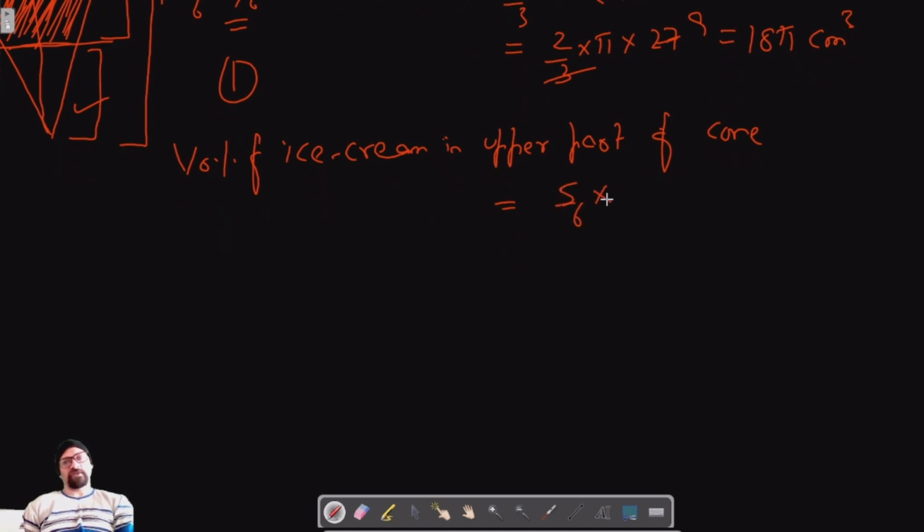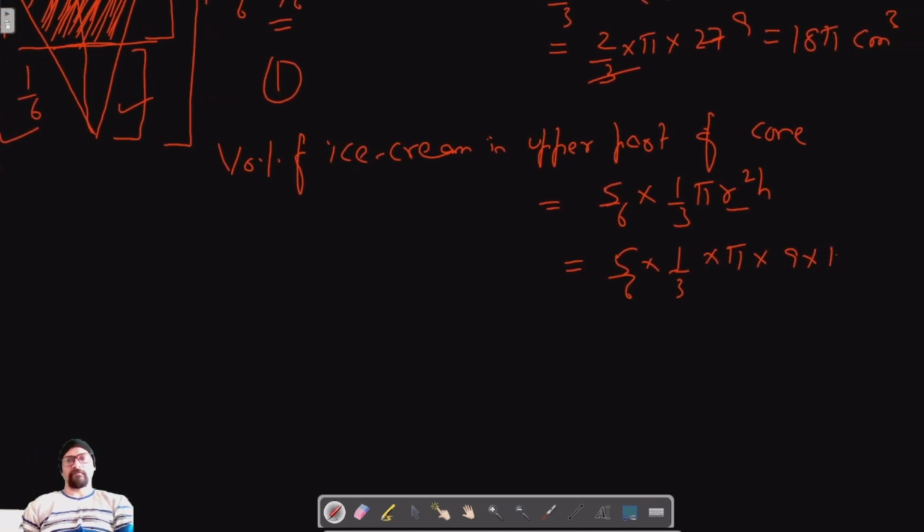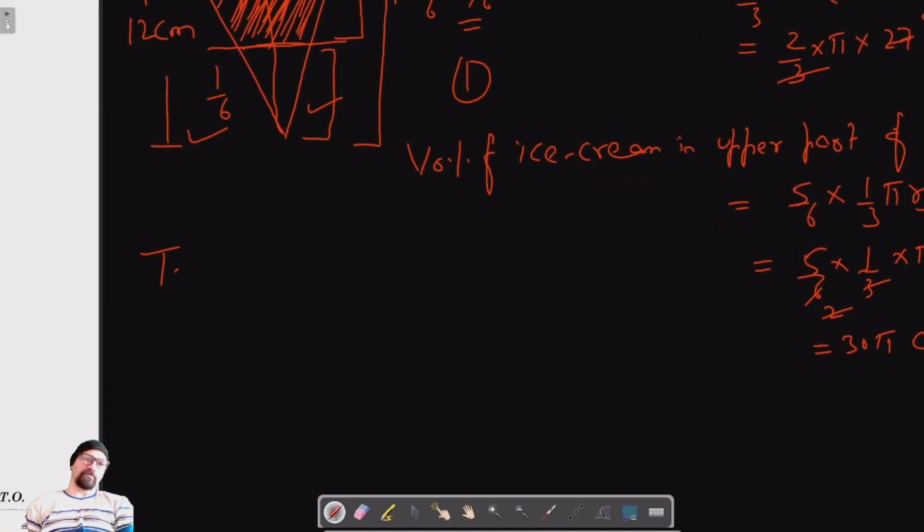So this is 5/6 of the volume of cone, and volume of cone is 1 by 3 pi r square h. So this is 5 by 6 into 1 by 3 into pi, radius is 3, so 3 square is 9, height is 12. So this is 30 pi centimeter cube.